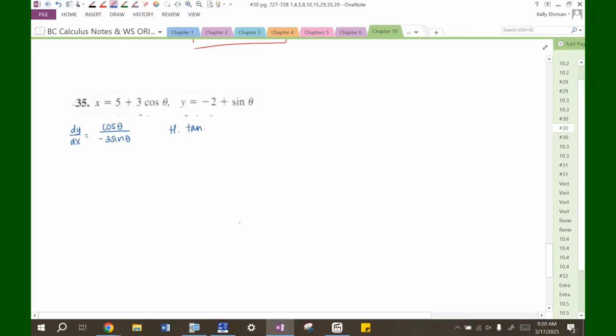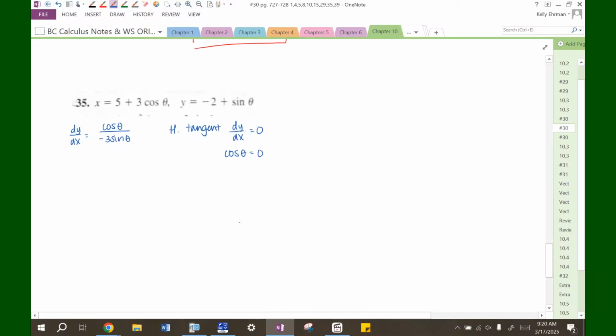Let's do horizontal tangents first. So horizontal tangent when dy dx equals 0. So when you have a rational expression, that's just when the numerator equals 0, keeping in mind that the denominator cannot equal 0 at the same time.